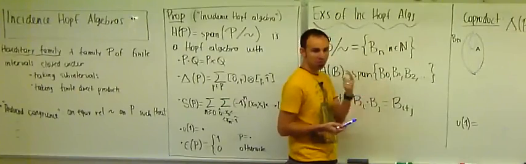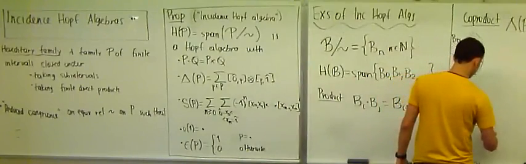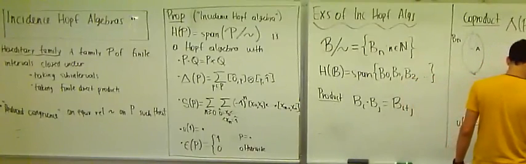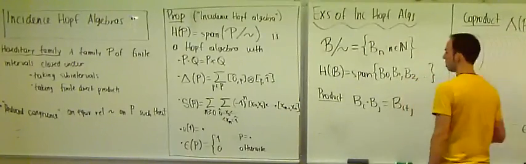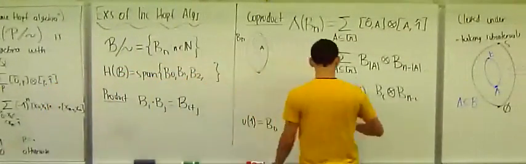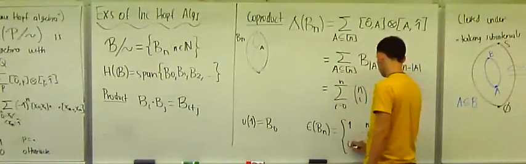The empty set is the only one that has only one subset. So u of 1 is B0. And what is epsilon of Bn? Well, epsilon of Bn sends me to 1 if I have one element and 0 otherwise. So I get 1 if n is equal to 0 and 0 otherwise.